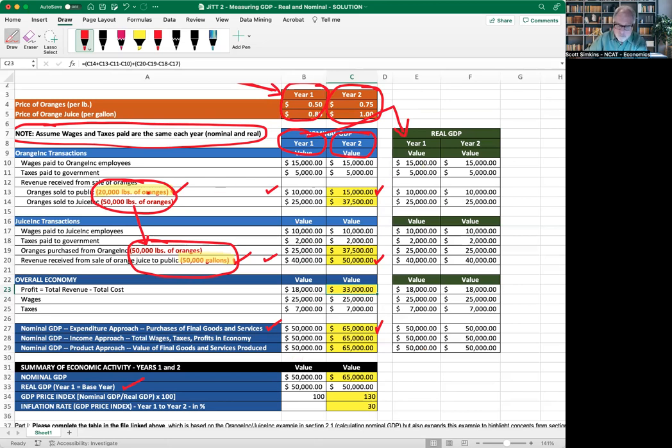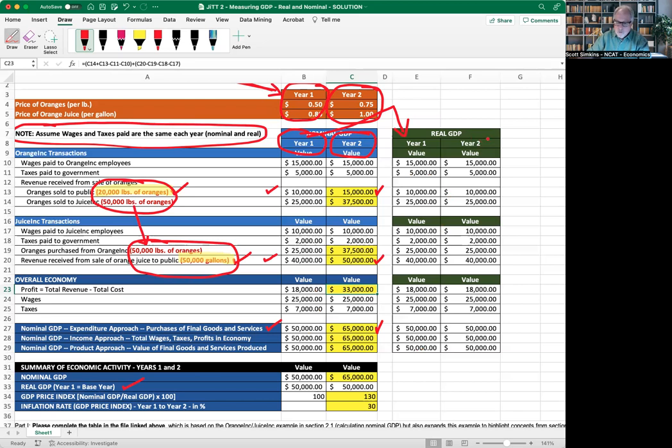We could have said 20,000 pounds of oranges at 50 cents a pound, 10,000, 50,000 pounds, etc. And we could have filled in those numbers in the same way that we did for nominal GDP. But if we understand the definition of what real GDP is, and we think about that for a minute, we can just fill all those numbers in. We don't even have to calculate them. We know that real and nominal GDP in the base year are the same.